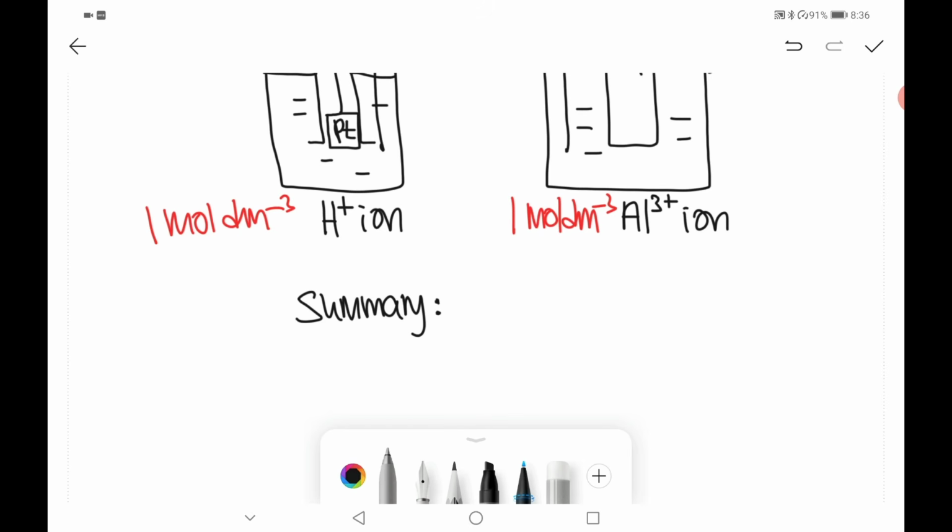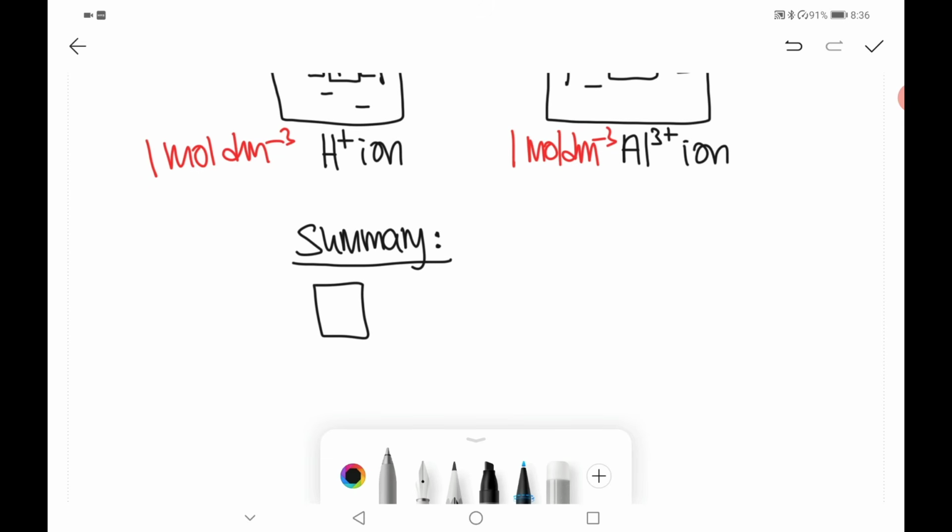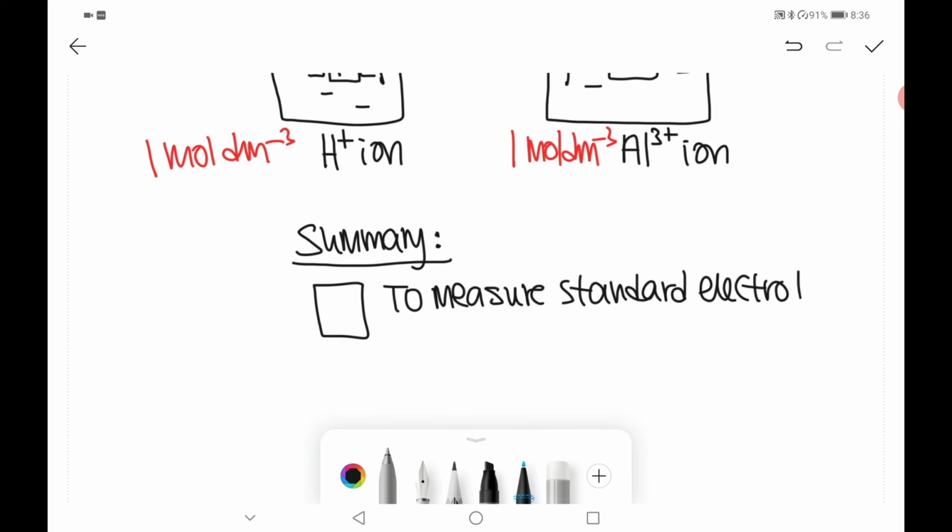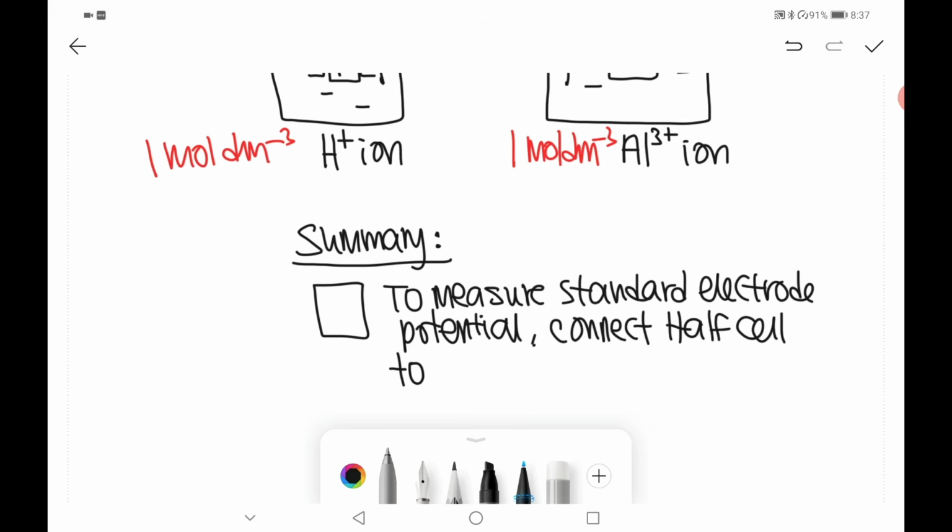So you must make sure that you have these few skills. You must understand that if you want to measure the standard electrode potential, you must always take your half cell and connect it to the standard hydrogen electrode.